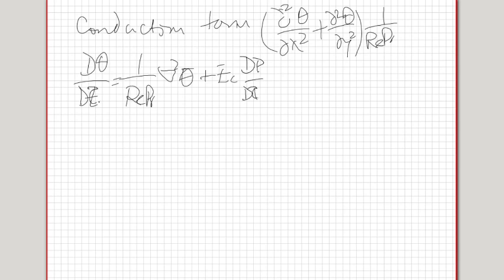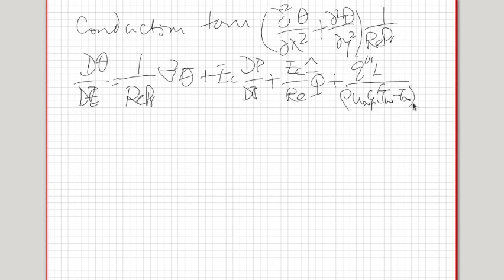Okay, this is also tau. Okay, plus Ec by Re times the non-dimensional phi with the hat, we can write, plus q dot triple prime multiplied by L divided by rho u infinity Cp into T wall minus T infinity. This is the equation that we wrote.